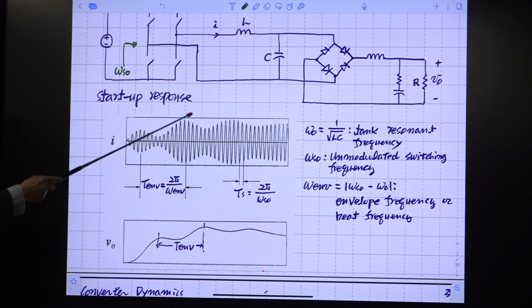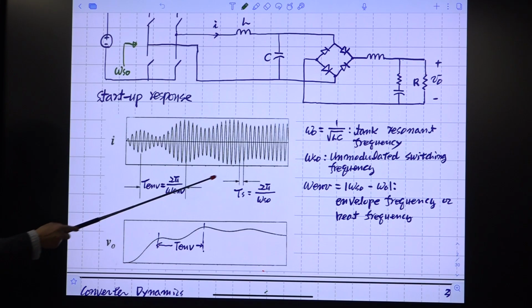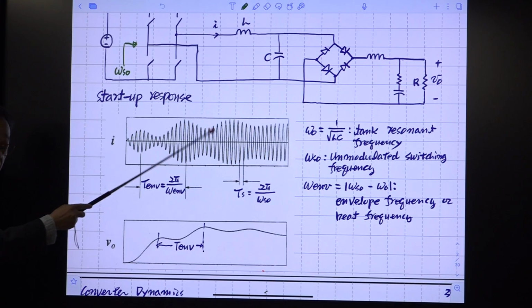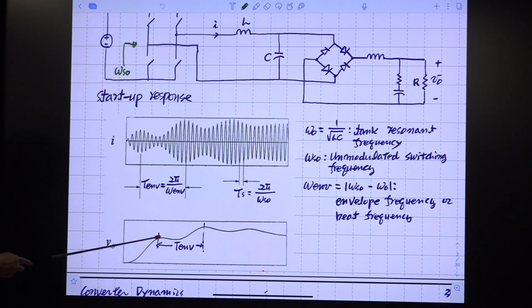Eventually, this will be the output of our converter. So we want to know the relationship between this switching frequency variation and the variation of this envelope. Because this variation is very similar to the variation in the envelope, there should be some close relationship between those two frequencies.